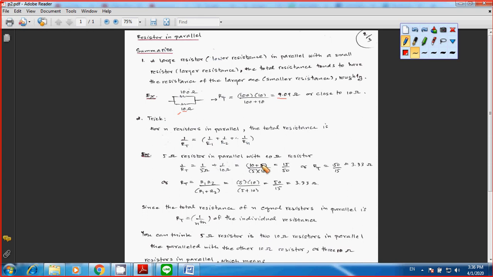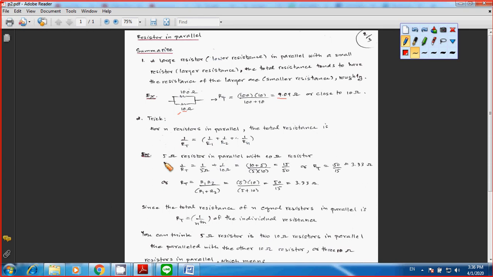For example, if you have 100 ohm resistors, 10 of them connected in parallel, you're going to end up with the total resistance being 100 divided by 10, and that gives you 10 ohms resistance.